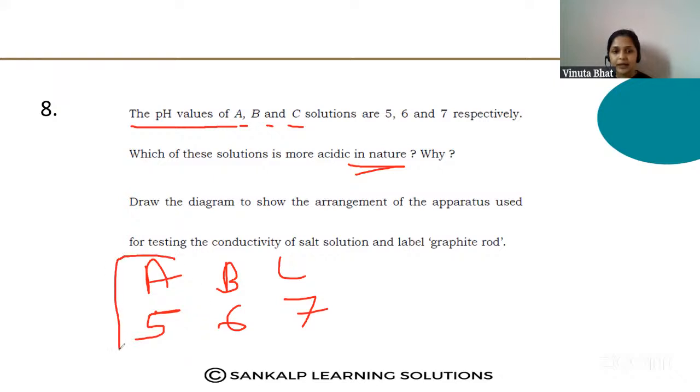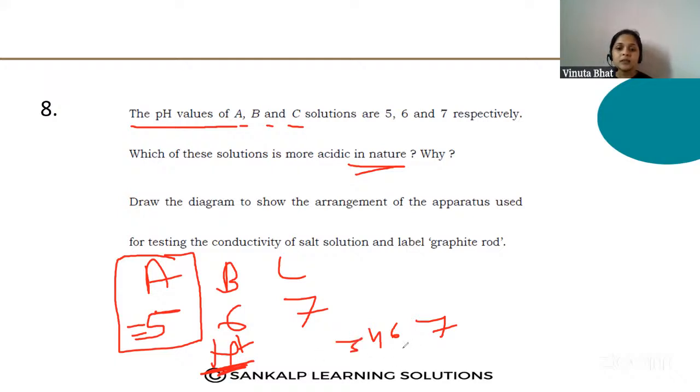A, which is having the pH 5, is more acidic in nature because it is having more H plus ions. When the pH is less than 7, when the pH number decreases than 7, like 6, 5, 4, 3, 2, the acidic property also increases.